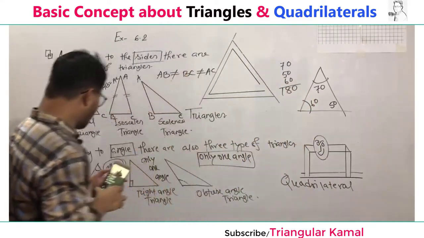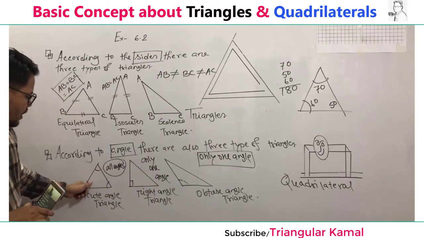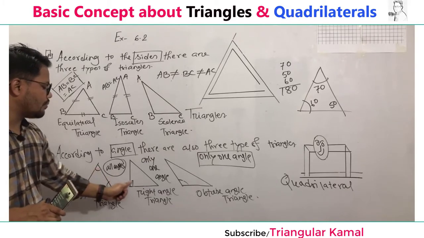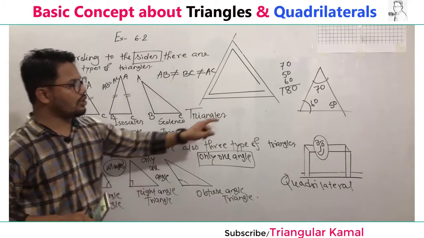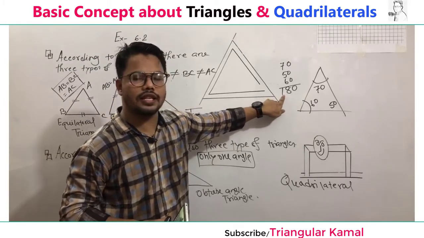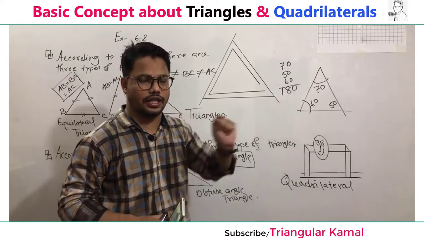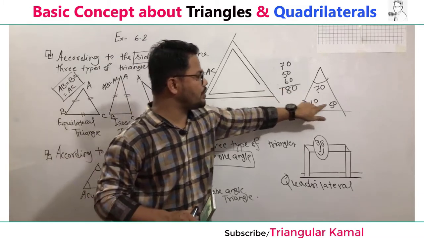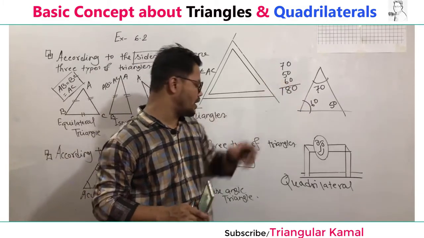And if you consider these 2 angles to be 45 degrees, the third angle must be 90 degrees. Otherwise, the sum of 3 angles will not be 180 degrees. So this is the fundamental theorem of a triangle. The sum of 3 angles of a triangle will be 180 degrees.